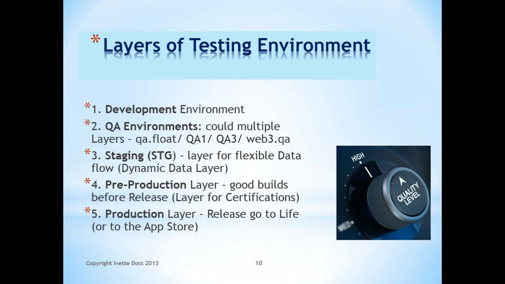When we talk about testing environments, I got you an extended list of them. If we're talking about a startup, a very small company with very simple test management, we still will have at least 3 layers: developer, QA, and production environments.